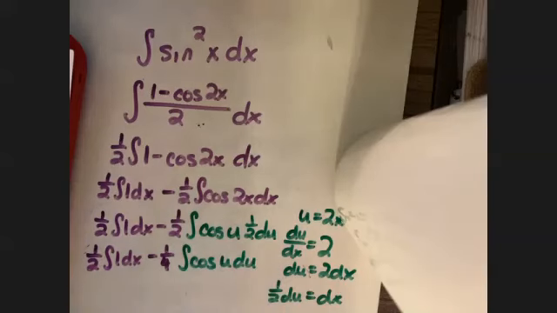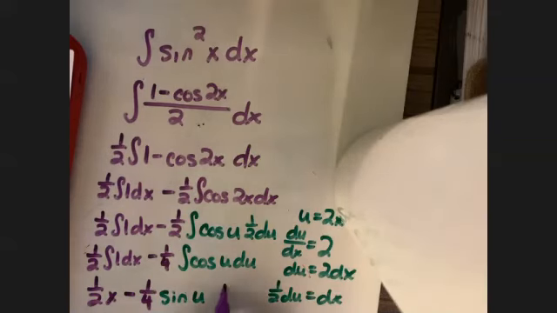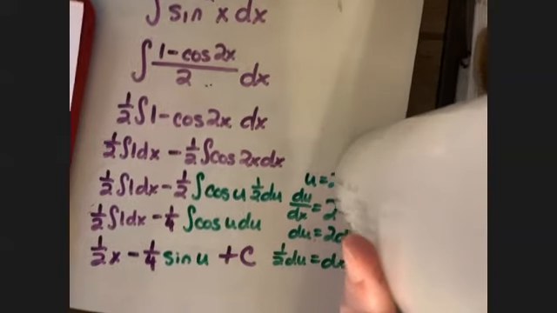So now, taking all of my little integration pieces back up, this is going to go back up to x. That's 1/2 x minus 1/4. Comes from sine. So this is sine u. Now, the little bitty piece that came from here and the little bitty piece that came from here, we can bundle all together into one big constant.